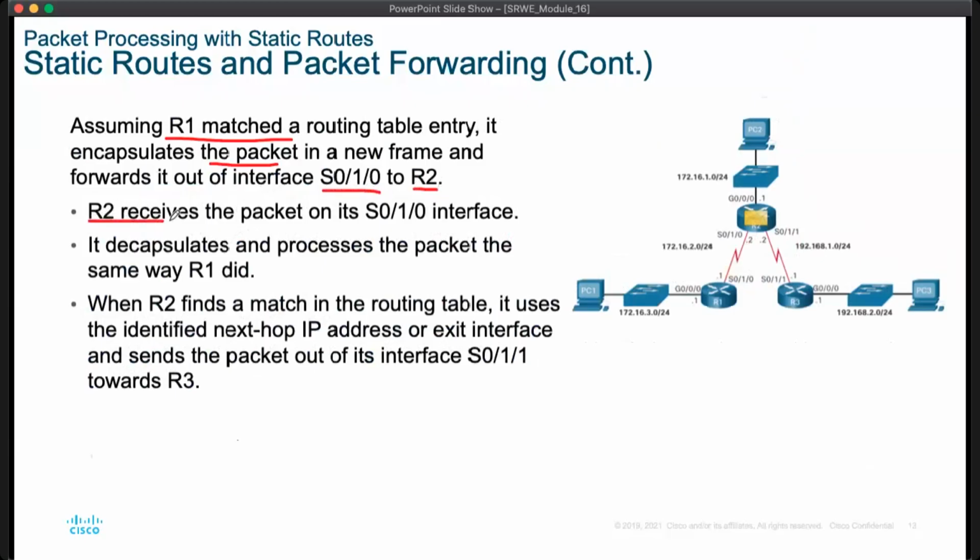Then R2 receives the packet on its S0/1/0 interface, decapsulates it, and processes the packet the same way R1 did. When R2 finds a match in its routing table, it uses the identified next hop IP address or exit interface and sends the packet out of its interface S0/1/1 towards R3.